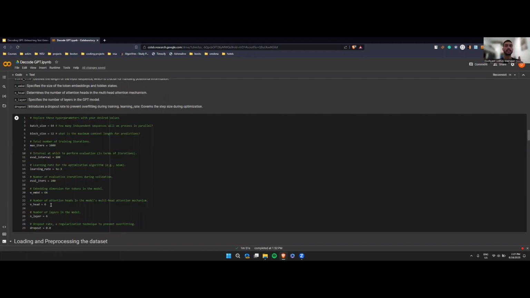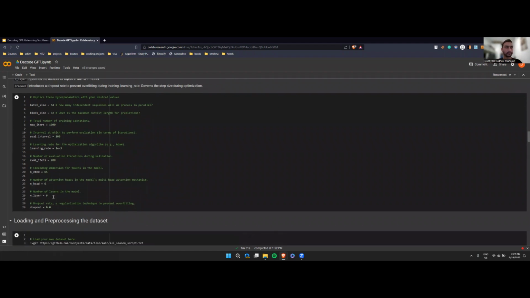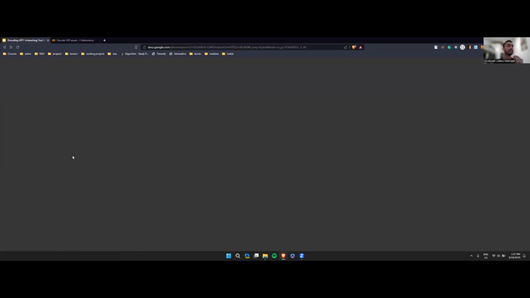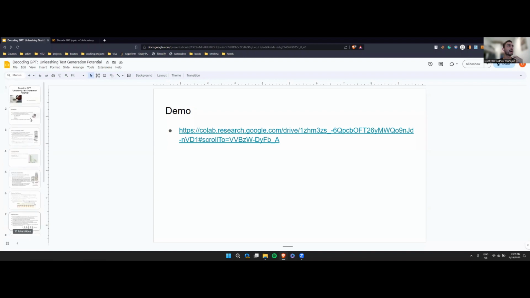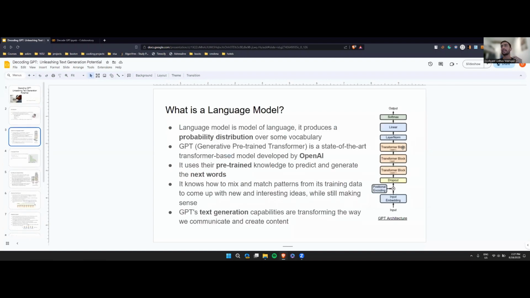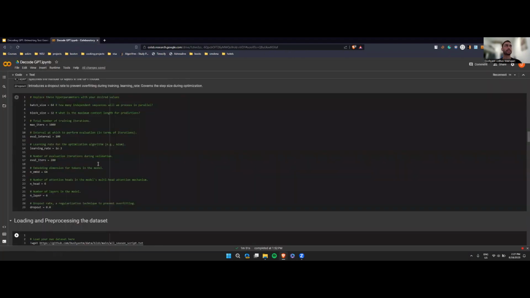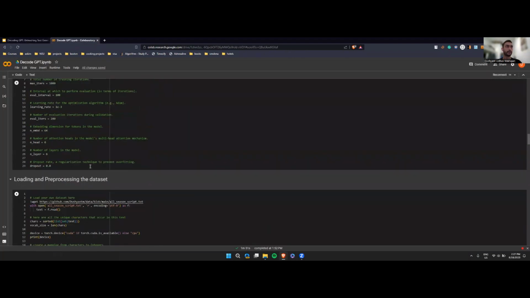We looked at attention heads, and we're going to be using 6 attention heads here. And then we have the number of layers, which is the number of transformer blocks we are going to use. In the GPT architecture, we saw that there are multiple transformer blocks. So these are the number of layers we're going to be introducing in our GPT model.